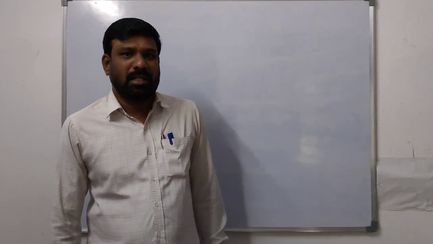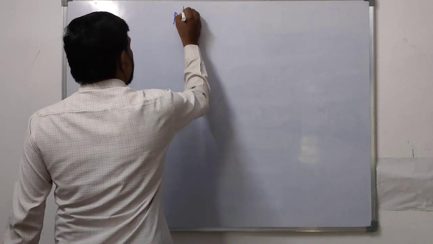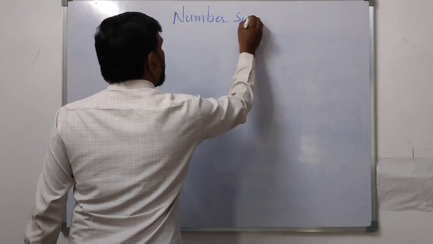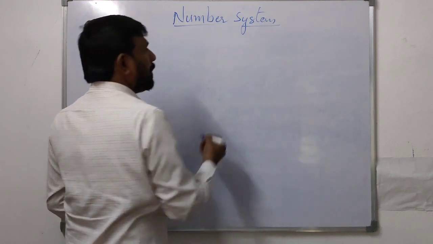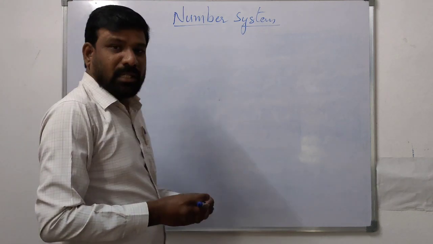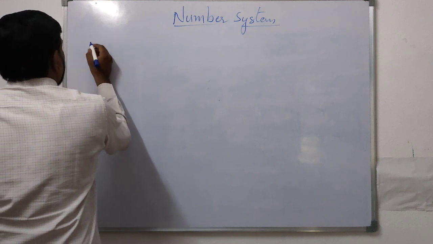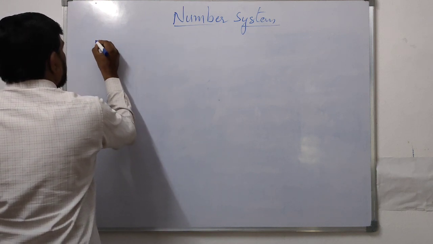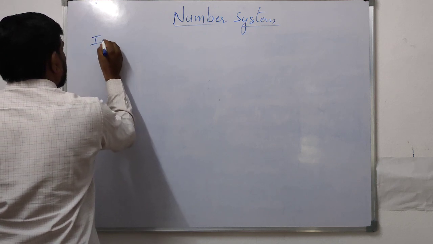Okay, right, we'll get back into the chapter number system. So first, after the periodicity, we must know about irrational numbers.